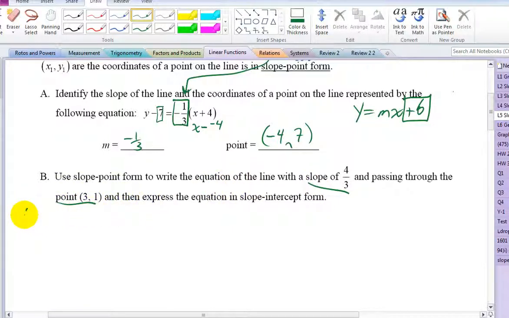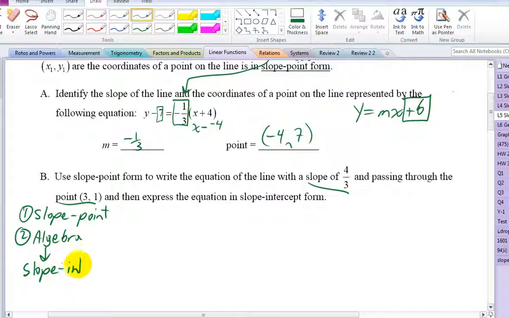So we start with slope point, and then you use algebra to change it into slope intercept. And that's what most of the work is going to be on, is algebra work, changing the form.